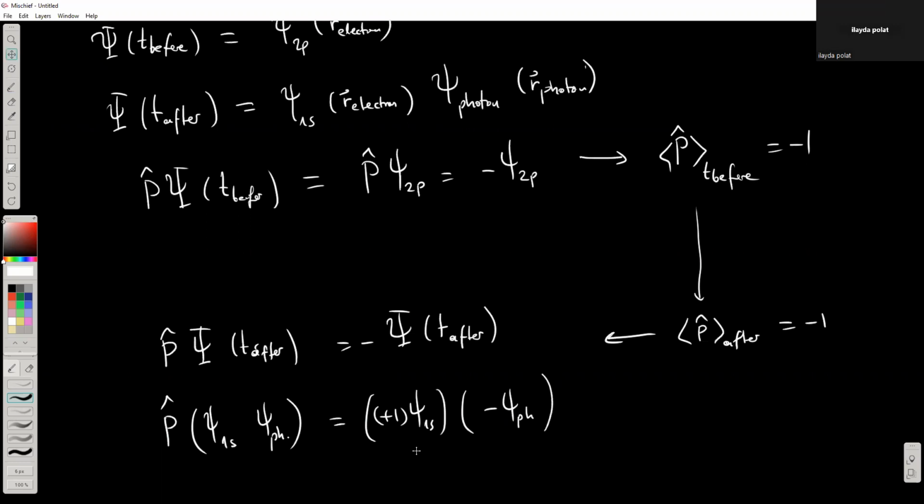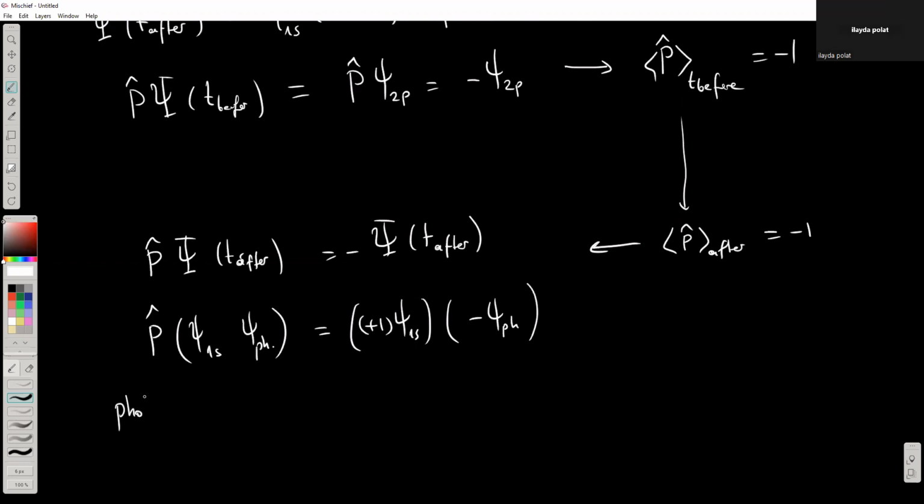So let's say it like this. Therefore, the photon has an intrinsic odd parity. And so this parity selection rule somehow enters into the selection rules, actually.